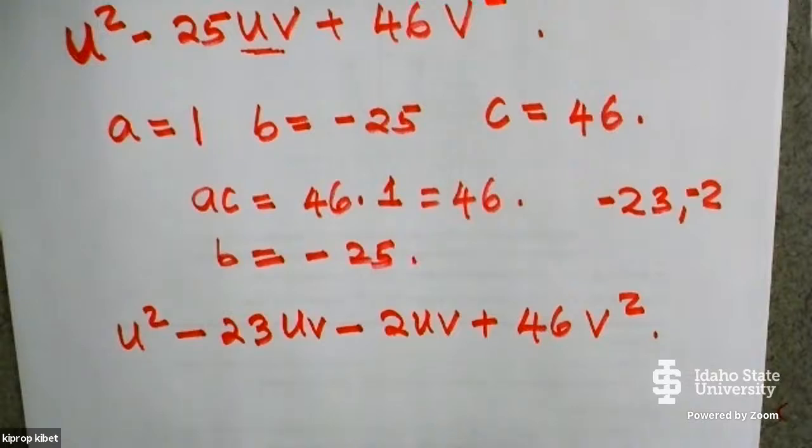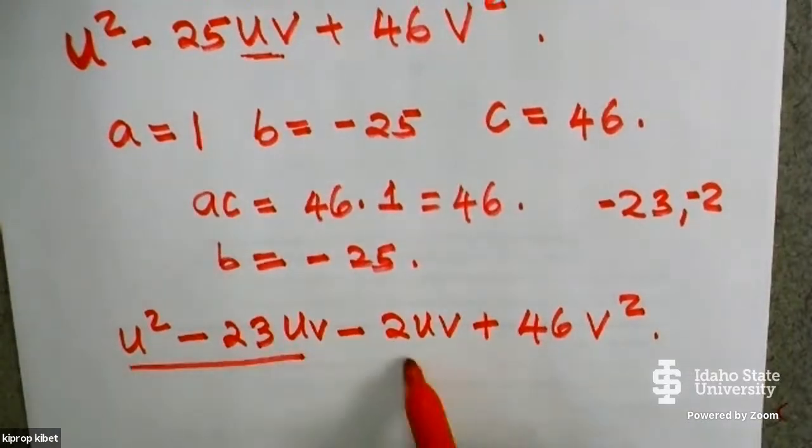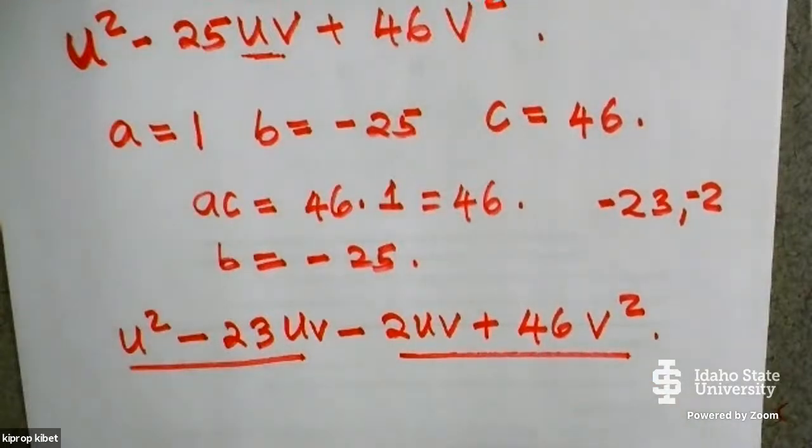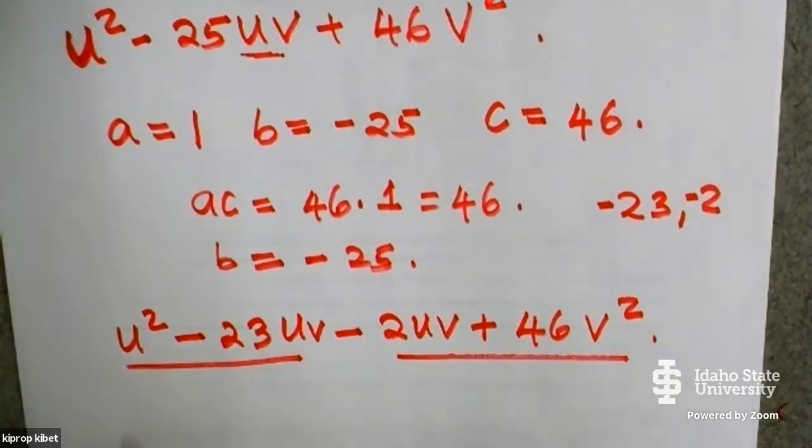Now we group it. So we take this and that. So we use the grouping method. Then we factor out the greatest common factor. The greatest common factor here is what? The u, right?